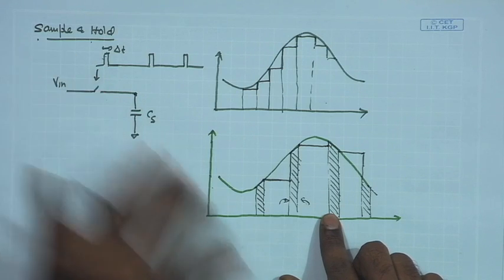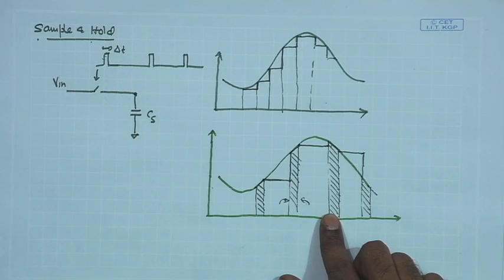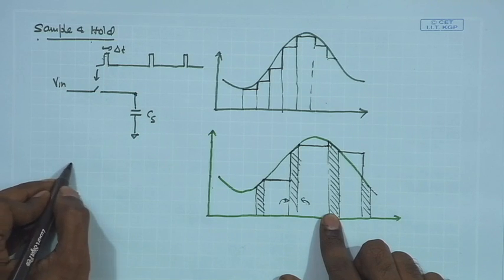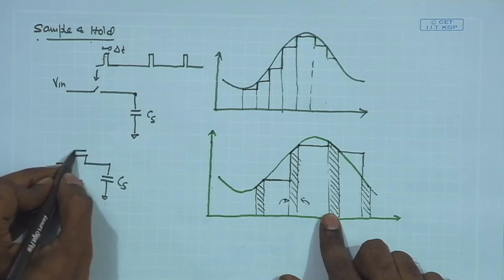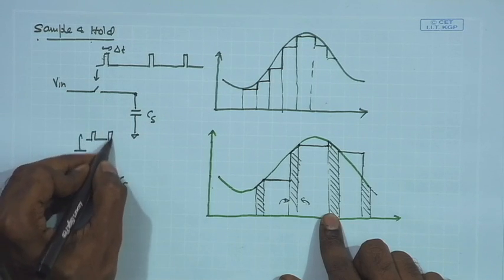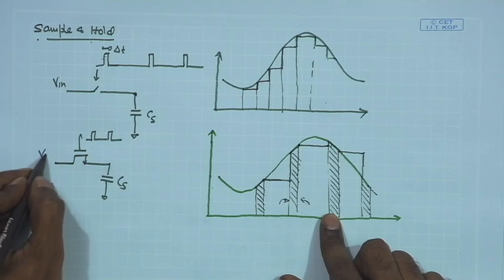So, let us look at the implementation of the switch using transistors, and the simplest configuration can be just employ a simple NMOS switch, and you have the Cs over here, and you are driving this NMOS with a pulse, and you have the V in over here.